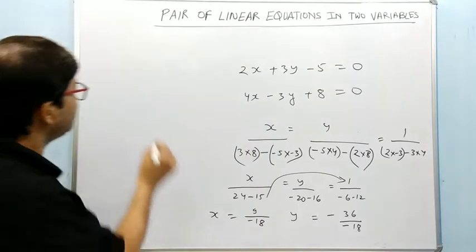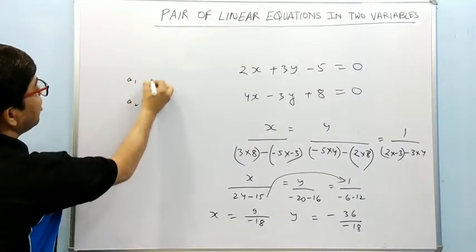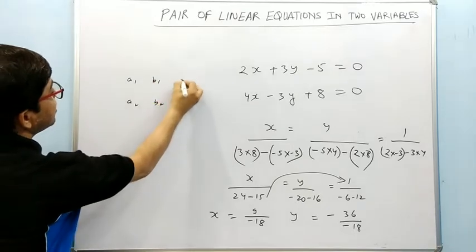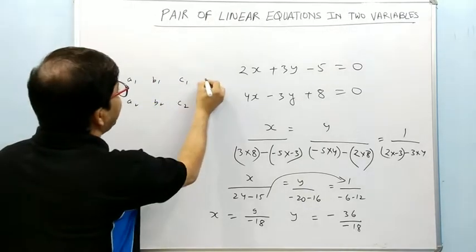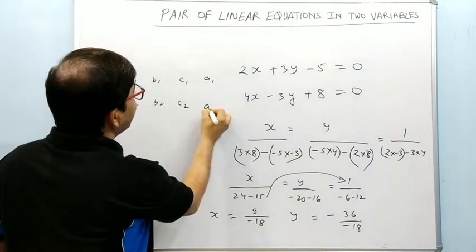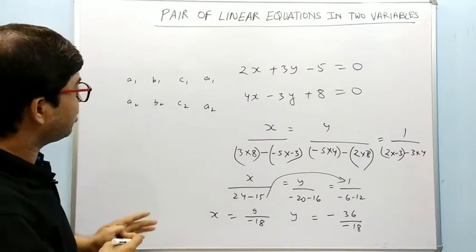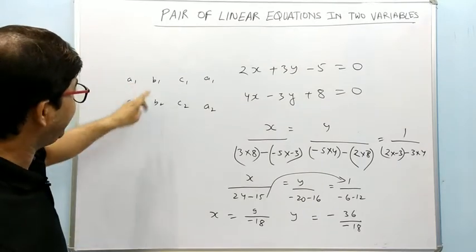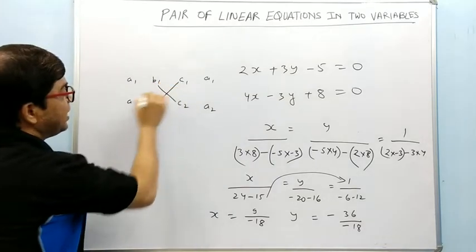Once again I am telling you, just take the coefficients like this: a1, a2, b1, b2, c1, c2, and after c, again a1, a2, like that, in cyclic order. For x, what do we have to write? For x, we will take care of this minus this.